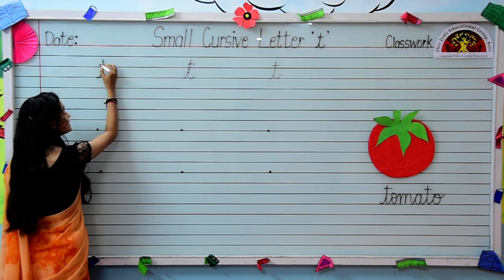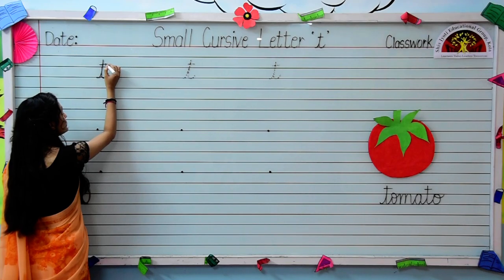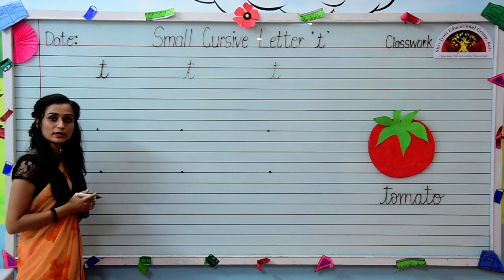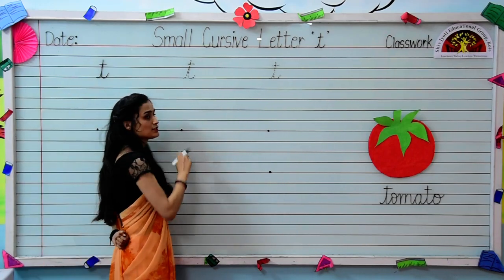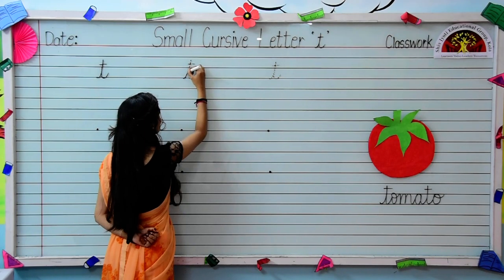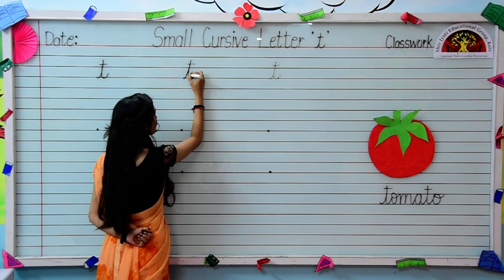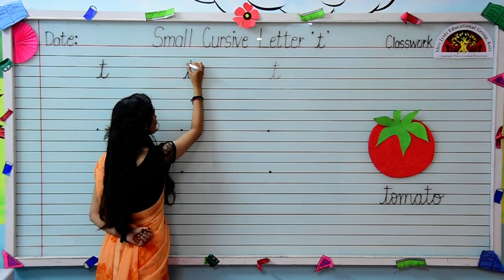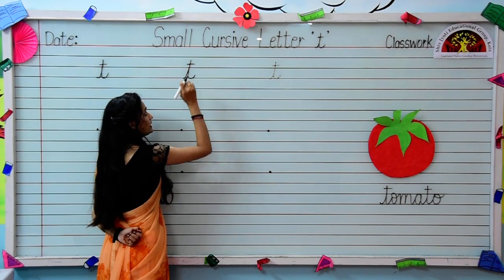Then we will make a sleeping line between the first and the second line like this. Okay, kids? Pay attention, look over here. Slanting line up from the third line. We will not touch the first line. Come back down, make a curve, touching the third line like this, and a sleeping line in between.